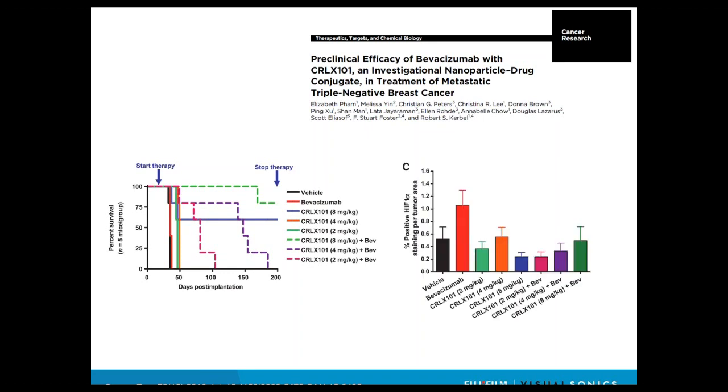And they found that one problem with VevoCQ as a chemotherapeutic agent is that it greatly enhances HIF-1 alpha expression, which causes the tumor to be more malignant, and that the combined treatment with CRLX-101 reduces expression of HIF-1 alpha.